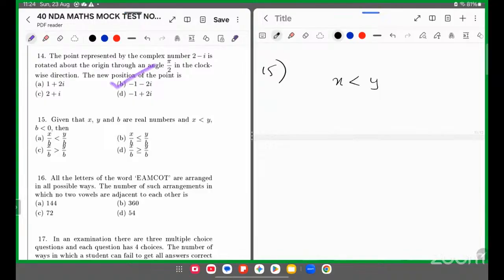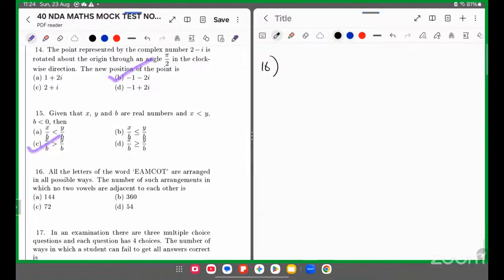If you multiply or divide, here in every case you can see this division. When you divide a normal number with a negative number, the inequality will change direction, if you multiply with a negative number or divide with a negative number. So I can say that x by b is greater than y by b. Option C is the correct answer.